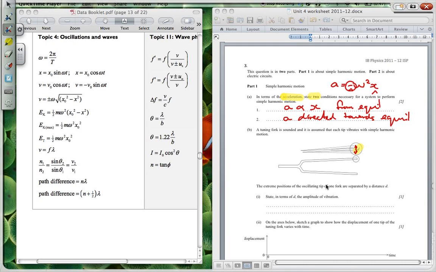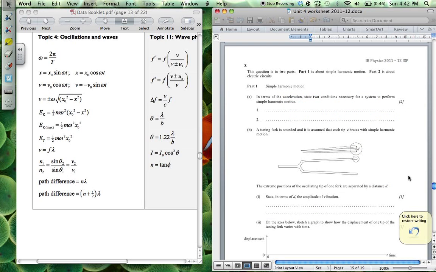The extreme positions of the oscillating tip are separated by a distance D. In terms of D, the amplitude of the vibration, so that's full. Amplitude is always from the equilibrium, so that would be from the middle upwards, so it would be D over 2.